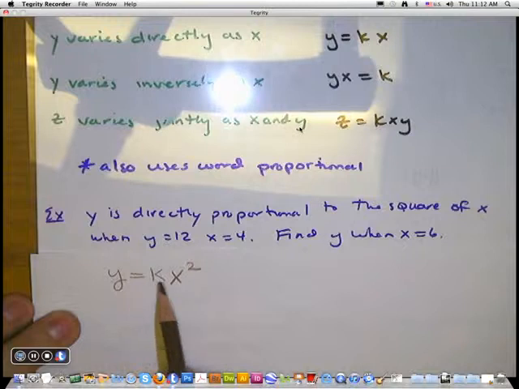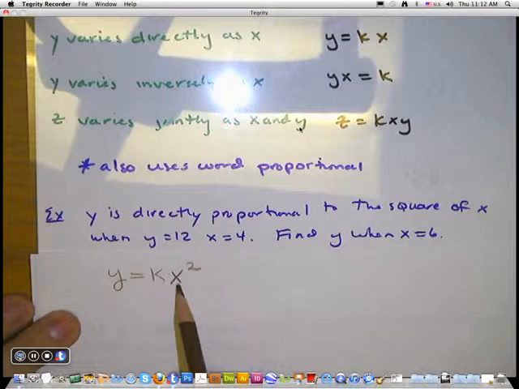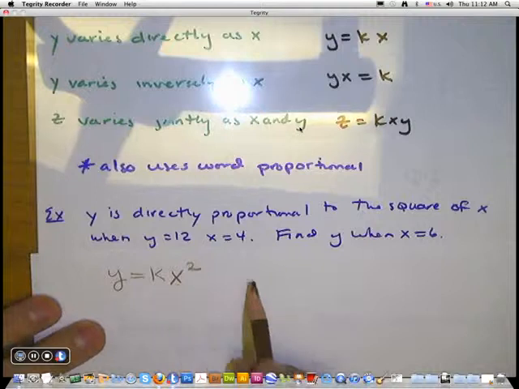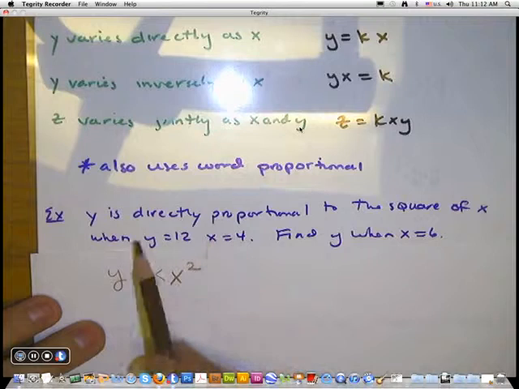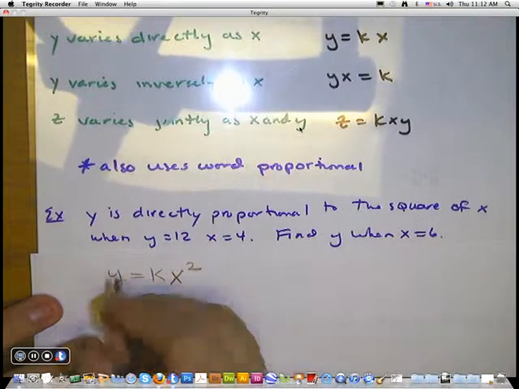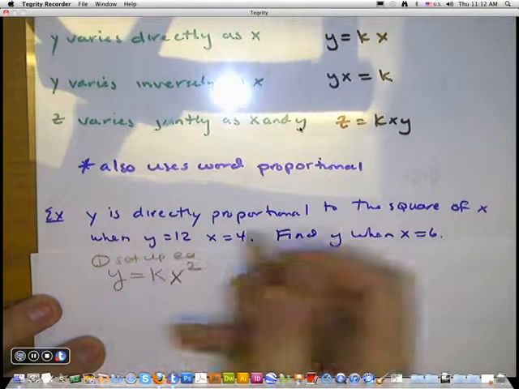K is always there. And then it tells me the square of x. So that's the square of x. It's not the square root of x. It's the square of x. The next thing you're going to do is you're going to plug in the information that's given so that you can find k. So 1, we're going to set up the equation.